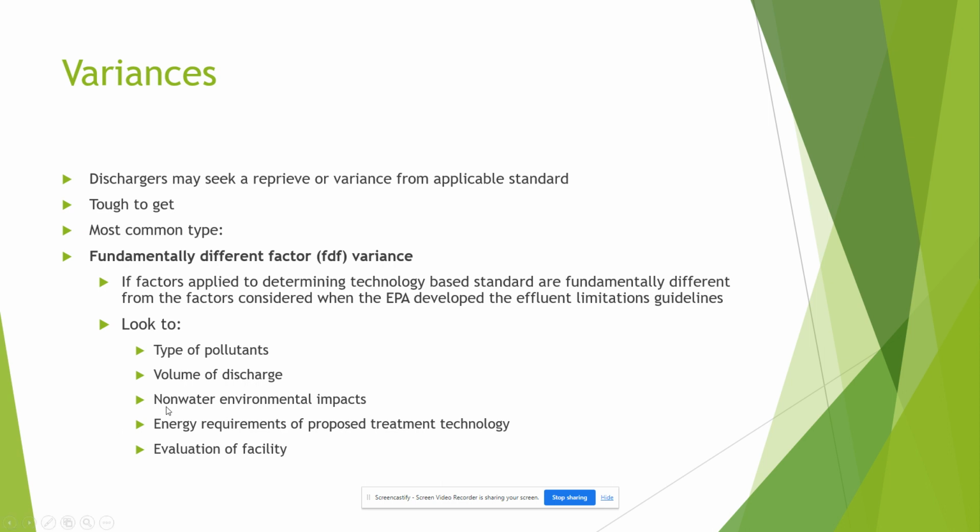So we're dealing with water impact, but are there any non-water environmental impacts? Maybe energy requirements for this technology. Maybe we need to use so much fuel and energy, or there might be a clean air impact or something like that. So they look through all of those things to see if they can get this fundamentally different factor variance.